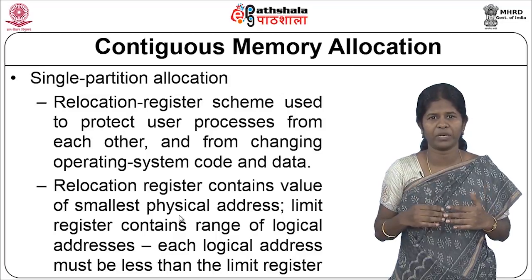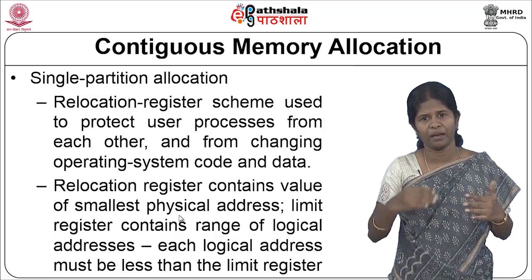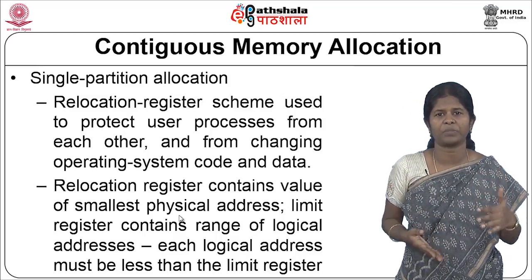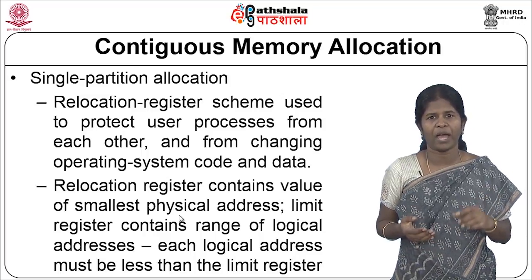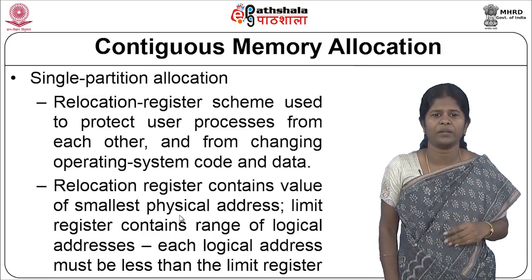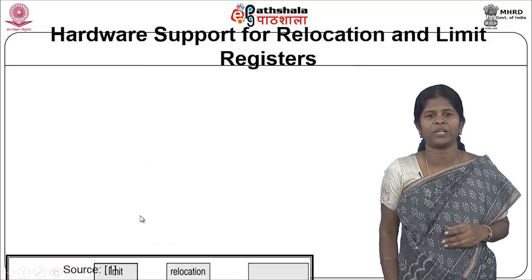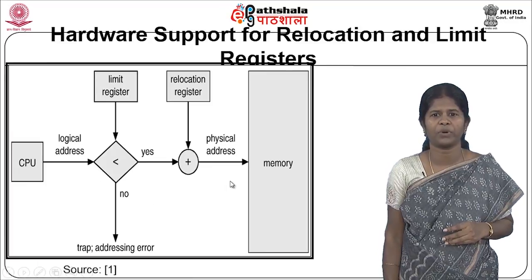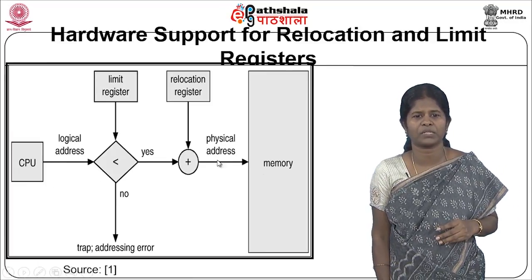And you also have a limit register which gives the length or the range of addresses for that particular process. And when you have this relocation register content and the limit register content, then any address generated can be checked if they are proper, just like how you look at this diagram.